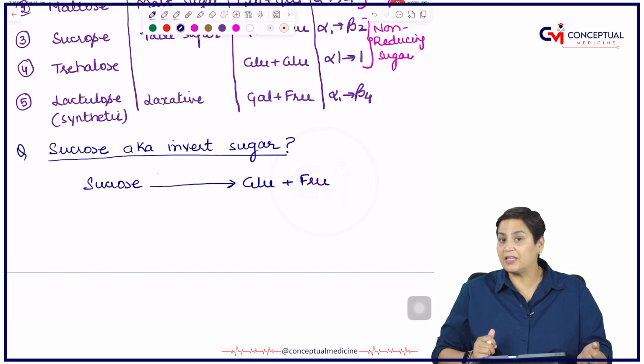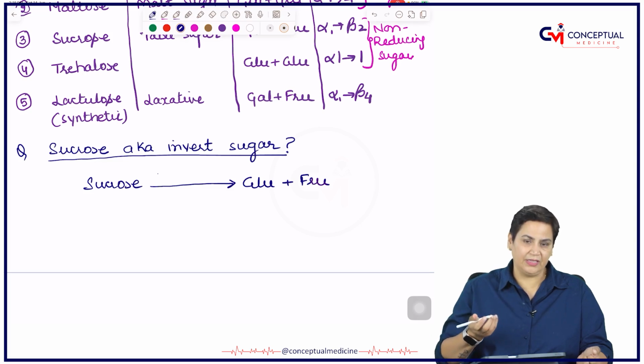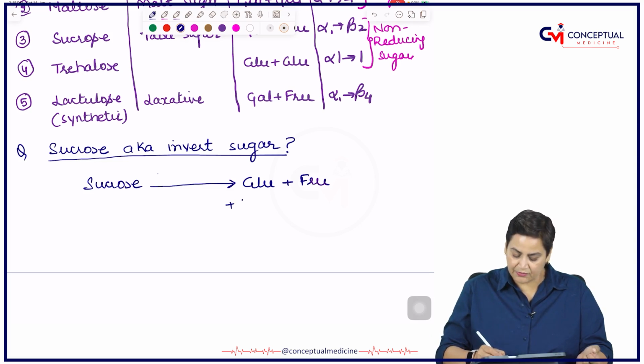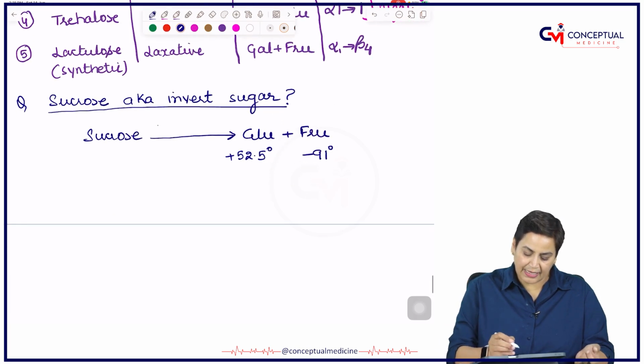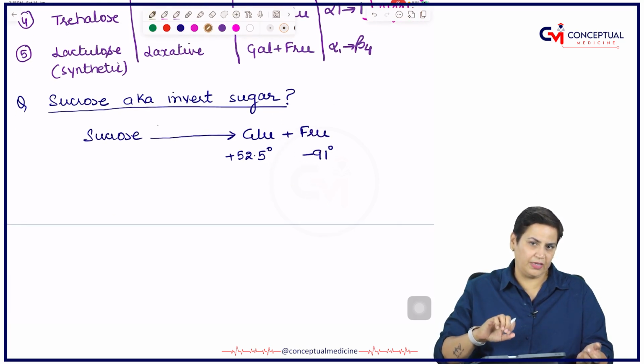If we measure the angle of rotation of glucose and fructose, fructose outweighs in that, because glucose has plus 52.5 degrees, whereas fructose has minus 91 degrees. So I can simply say there is an inversion of configuration.